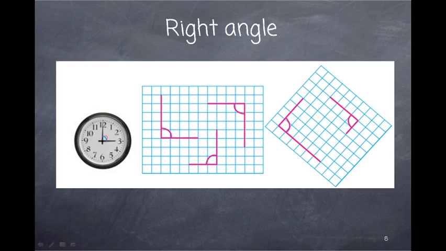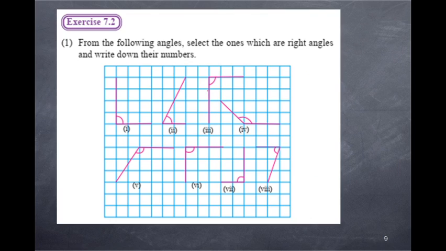So that is a right angle. Here also we can fit a square. We can fit a square in all places. In all of these angles we can fit a square near the vertex. So these all are right angles.